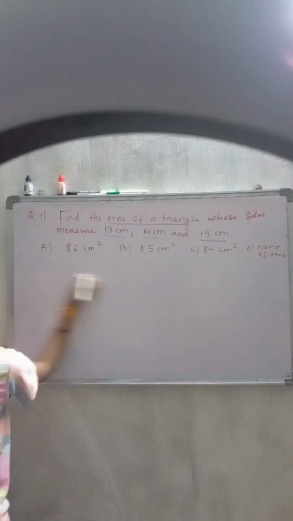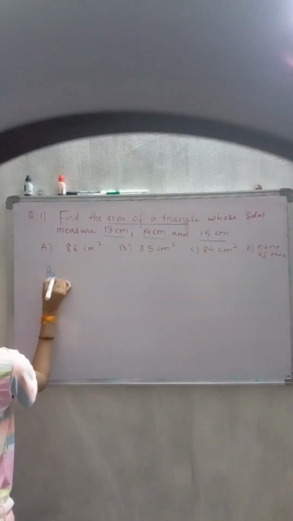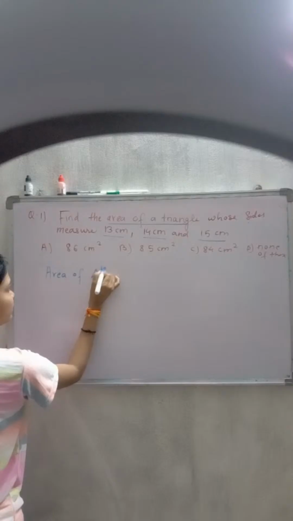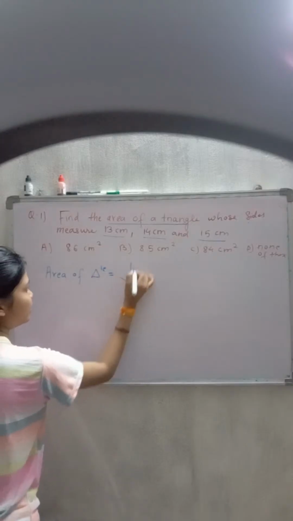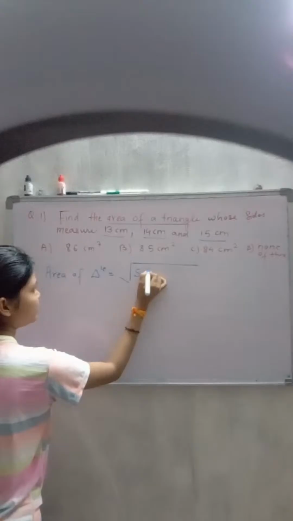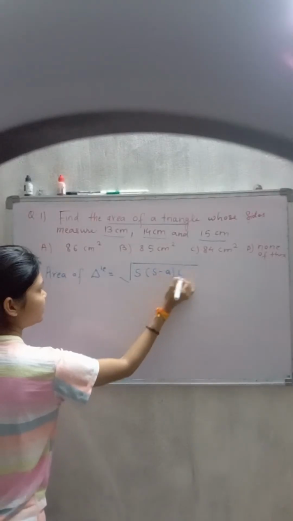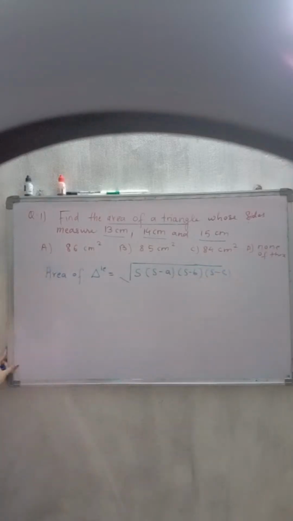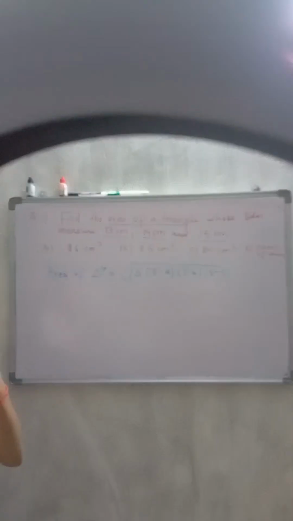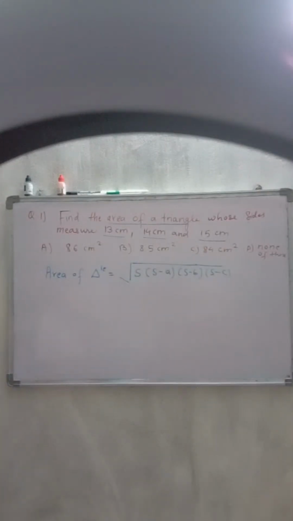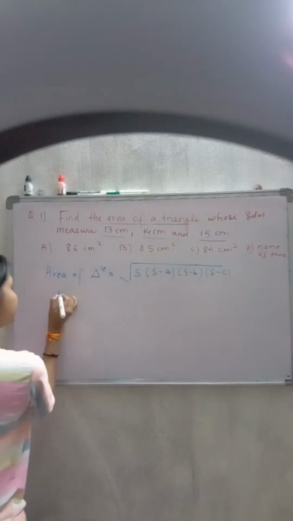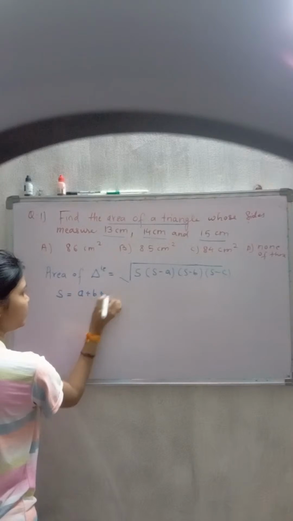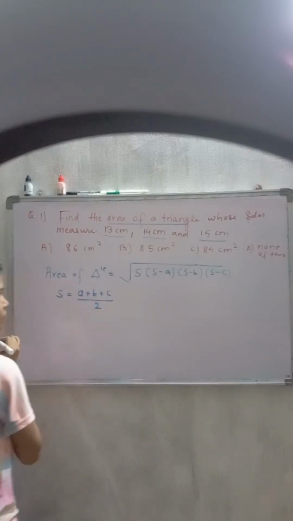Heron's formula is: area of triangle equals under root of S into S minus A, S minus B and S minus C, where A, B, C are the given sides and S is the semi-perimeter. Semi-perimeter is A plus B plus C by 2.